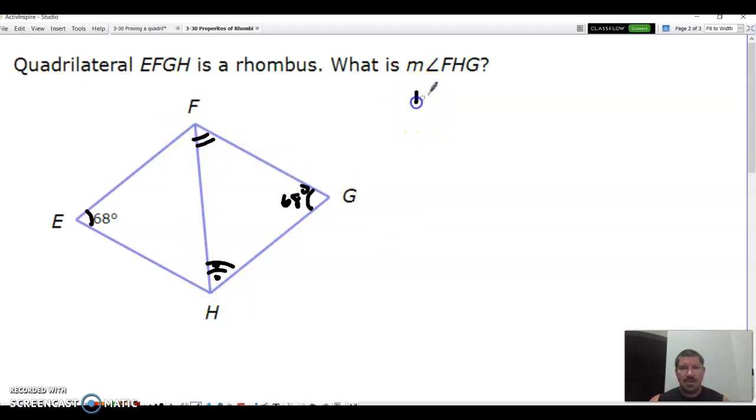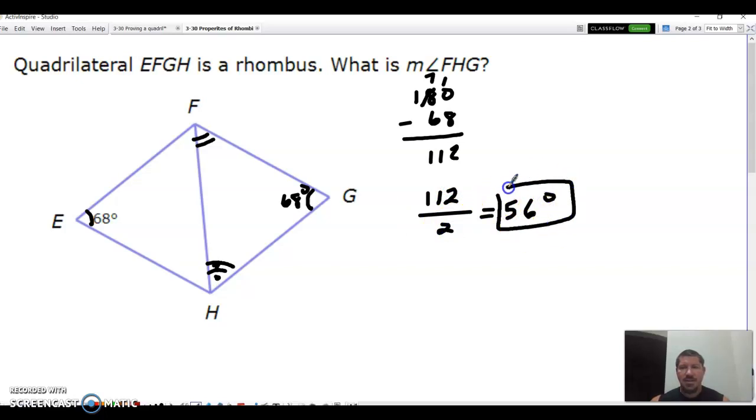So if I take 180 and I subtract 68 from that, I'm going to get 112. Well, these have to be congruent out of that 112. So if I take 112 and divide by 2, I'm going to get 56 degrees, and that's going to be my answer.